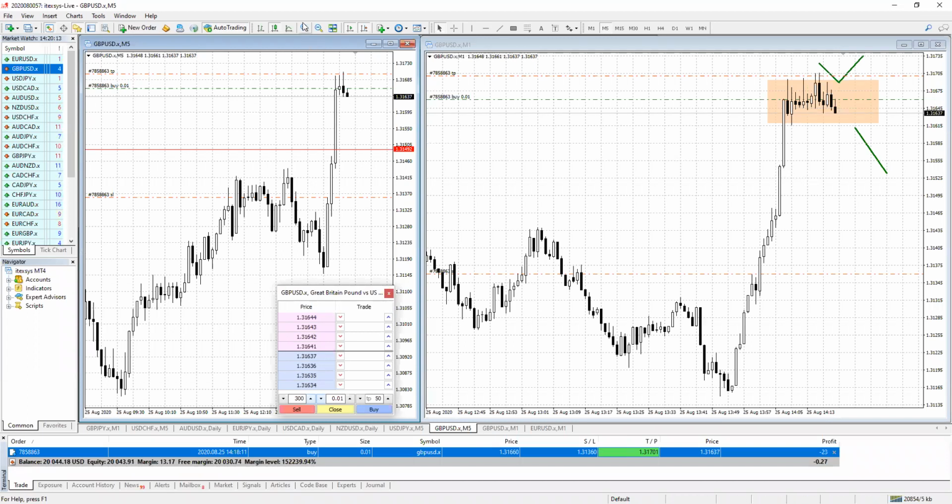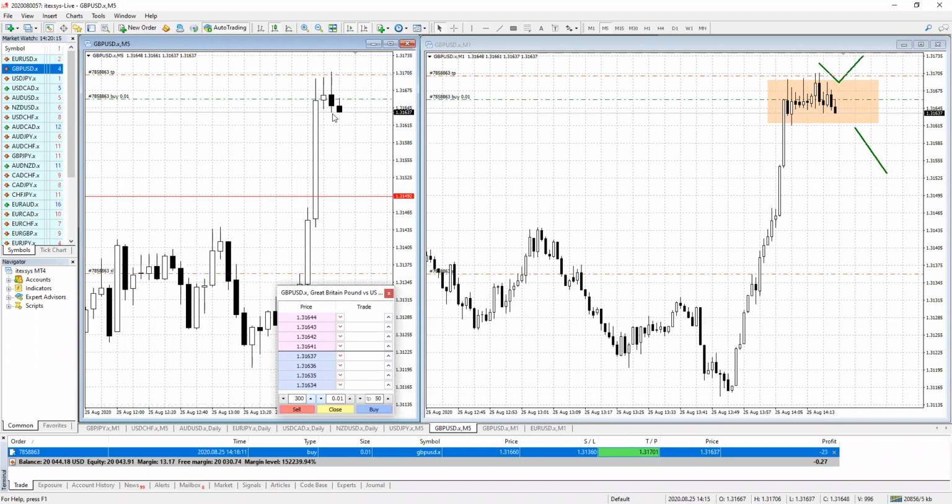Okay, 5-minute chart, again, breaking the lower point. There should be a bearish candle. I almost want the market to form the pullback so I can add to my position, because I got in very, very small.